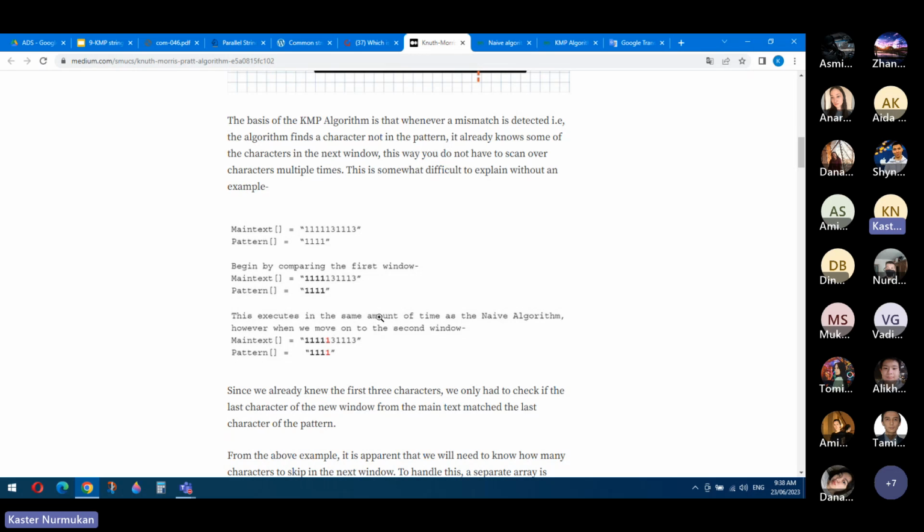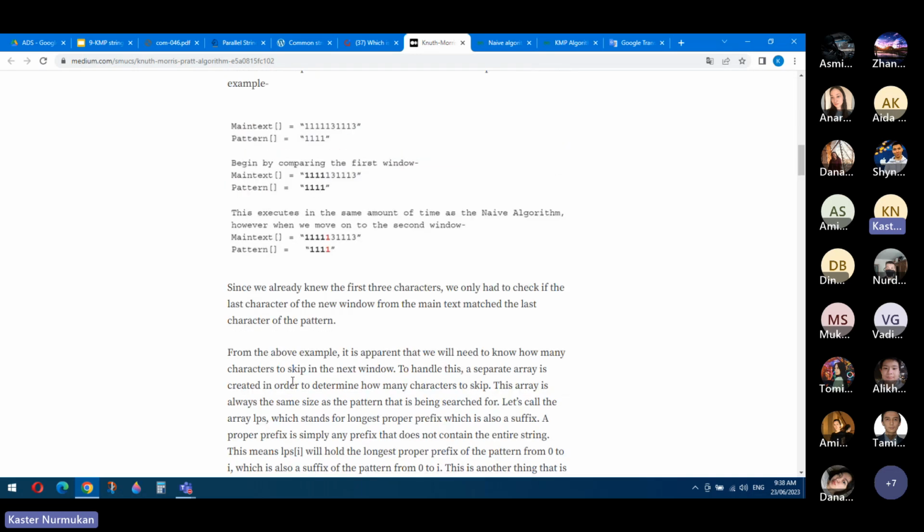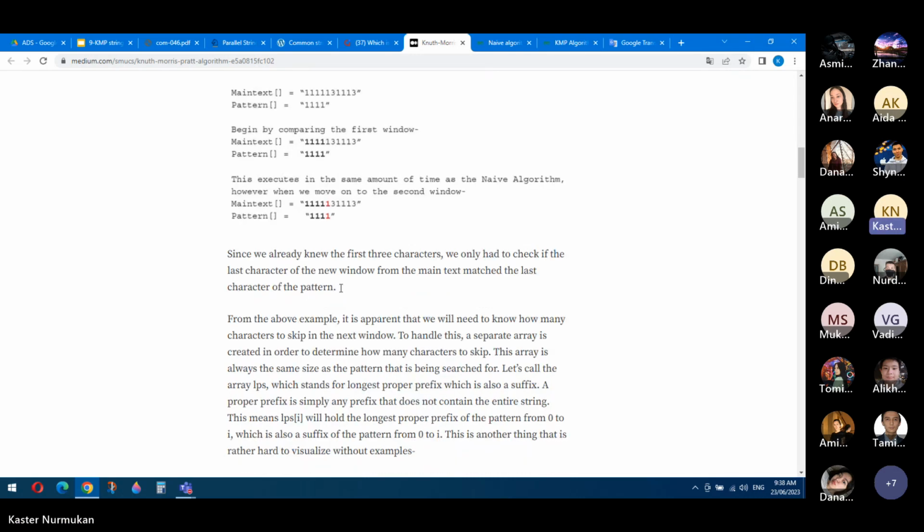However, when they move on to the second window of the pattern, since we already have the first 3 letters, we have to check if the last letters of the window from the main text match the last of the pattern. So it means they were already compared before, we don't need to compare again. Then they start from the 5th position, right?